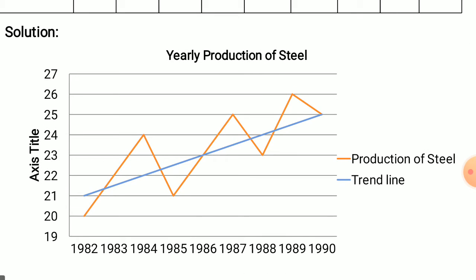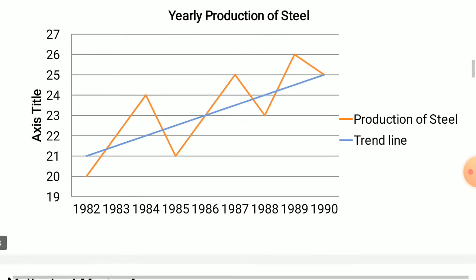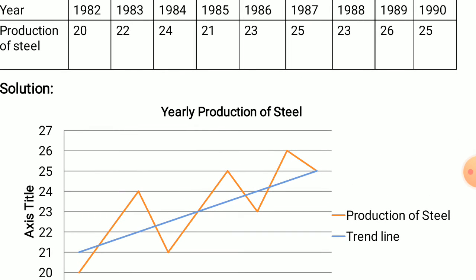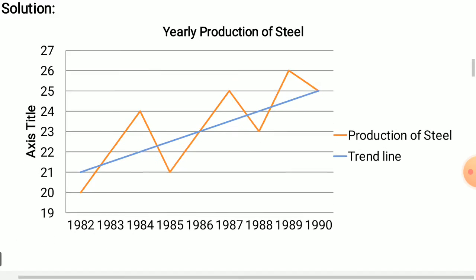Now we have obtained two types of lines. One is showing the production of steel, and another one is the trend line. This is how a trend can be fitted and a trend line is to be drawn.